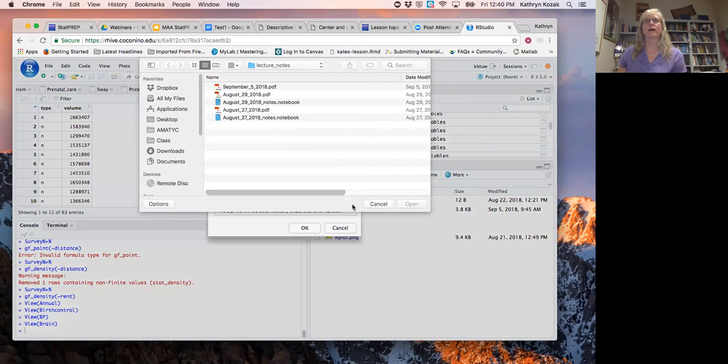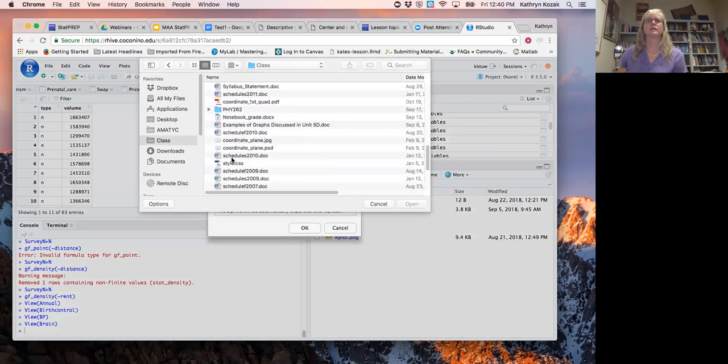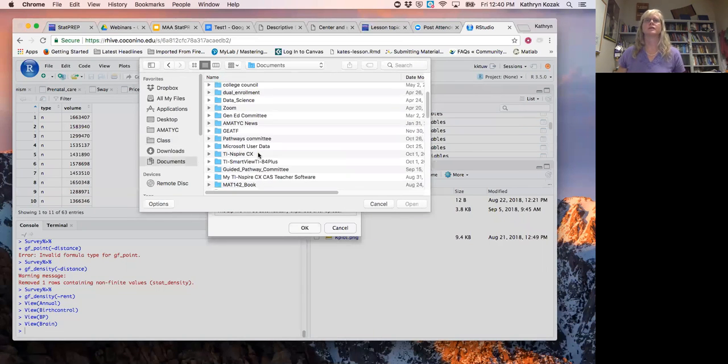I don't have one on, well, maybe I do have one that I can bring in. So let's see if I can find one on my data set. Wait, sorry, I have to find them on my computer.